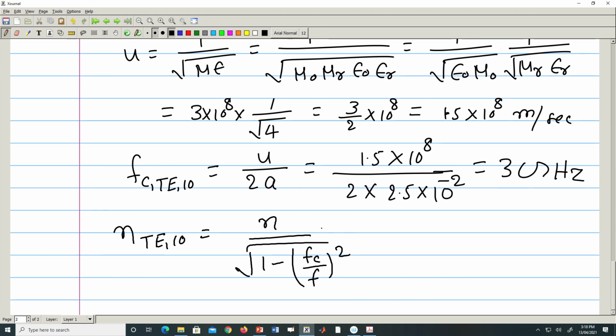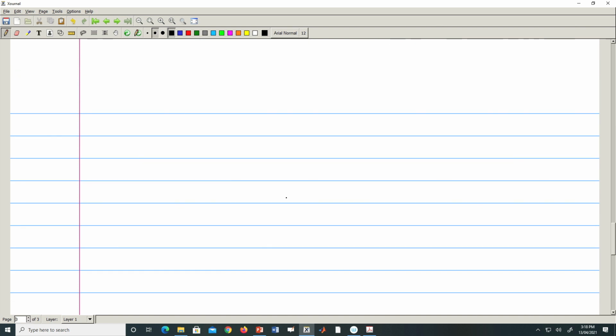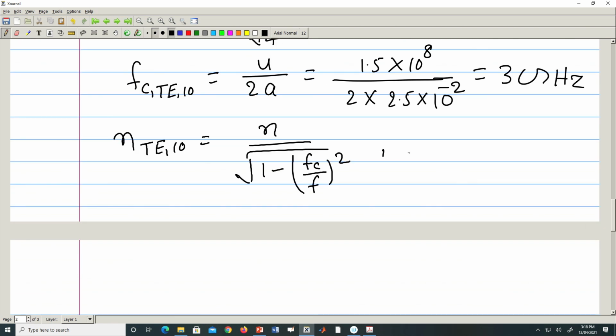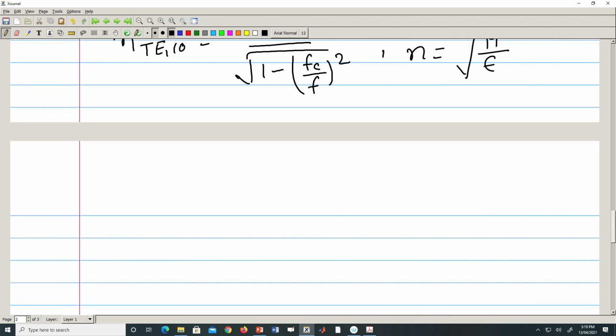So, here eta we can write as a square root of mu naught mu r divided by epsilon naught epsilon r, which is mu naught divided by epsilon naught into a square root of mu r by epsilon r.